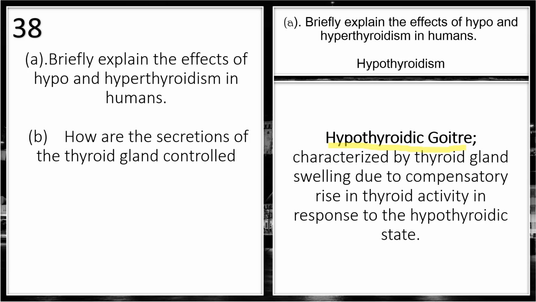Hypothyroidic goiter is characterized by thyroid gland swelling due to a compensatory rise in thyroid activity in response to the hypothyroidic state.